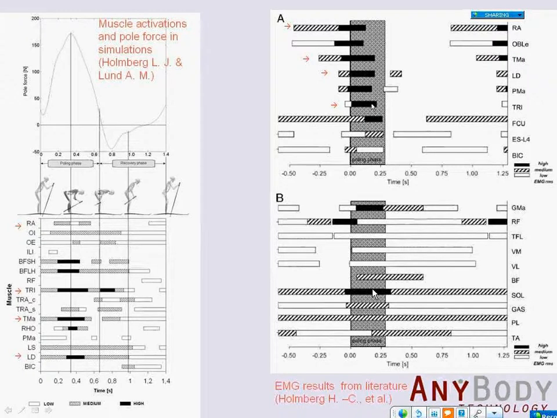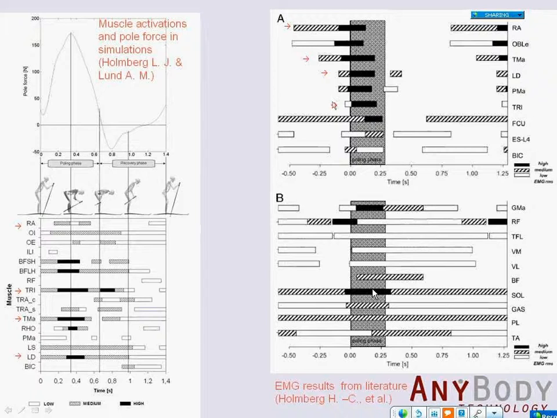Then we have the teres major, and for the ergometer simulation study, we have highest activation around the peak pole force again, and this is also the case for the roller ski study.